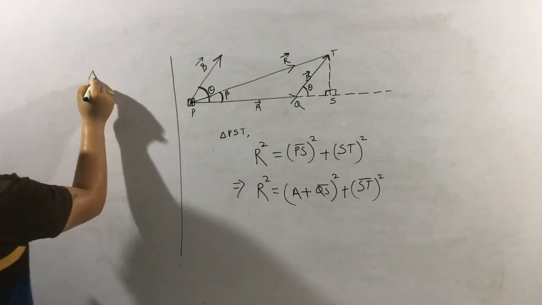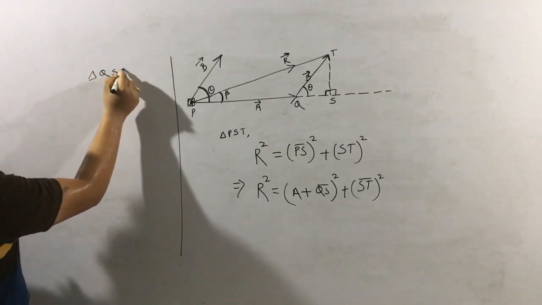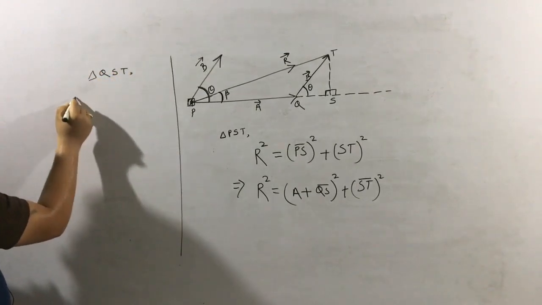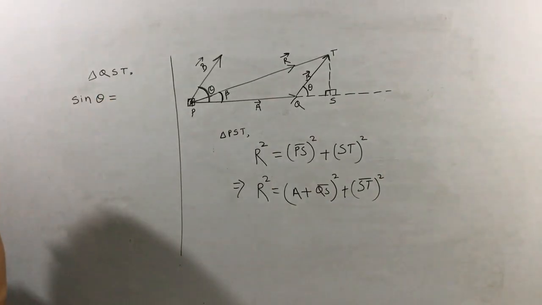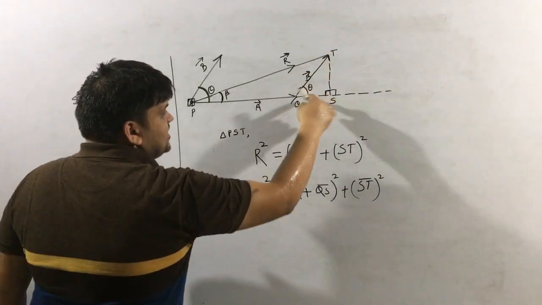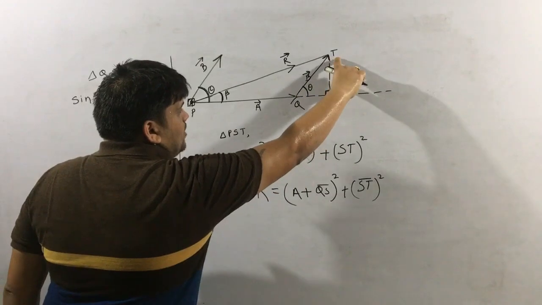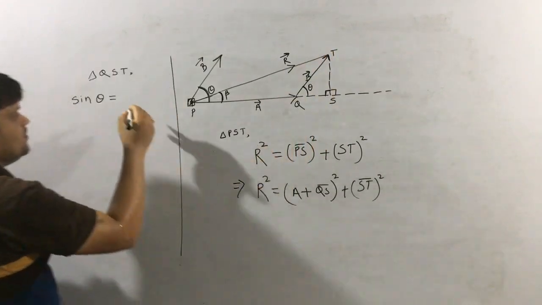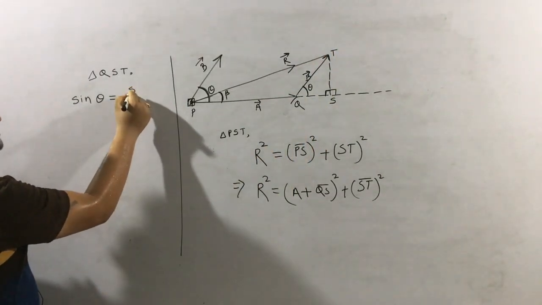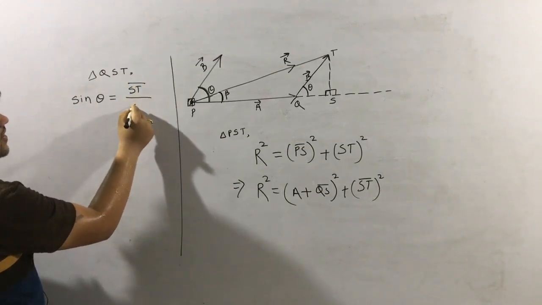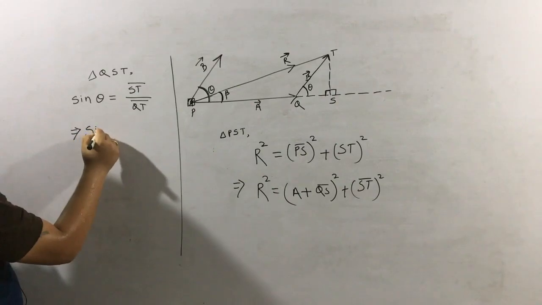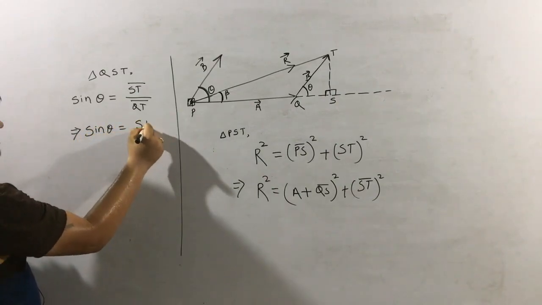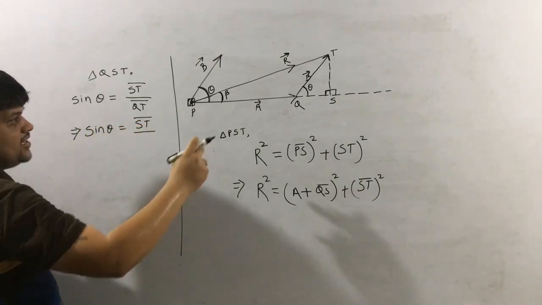Means in triangle QST, you can see sin theta is perpendicular by hypotenuse, so sin theta equals ST divided by QT.